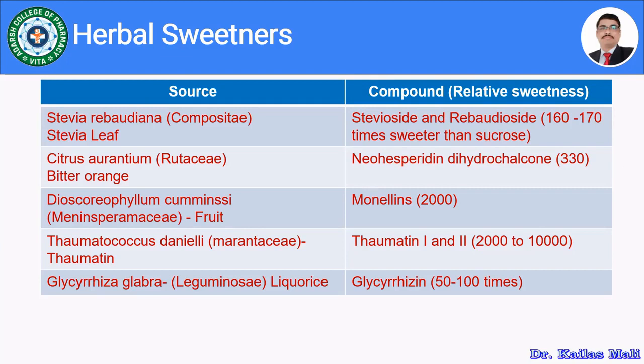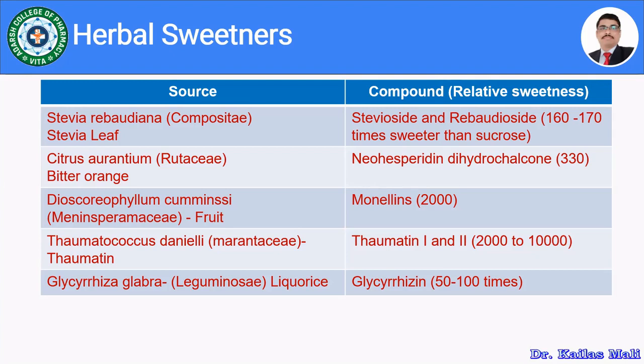The very first example is stevia leaf powder. It is sweet in nature. It is obtained from Stevia rebaudiana, belonging to family Compositae. It mainly contains stevioside and rebaudioside, which is 160 to 170 times sweeter than sucrose.